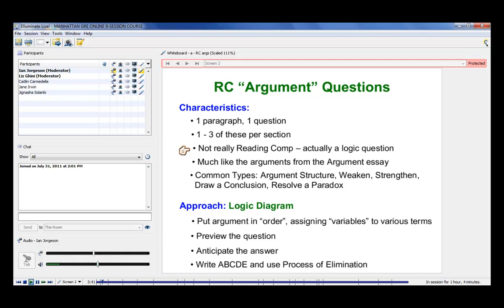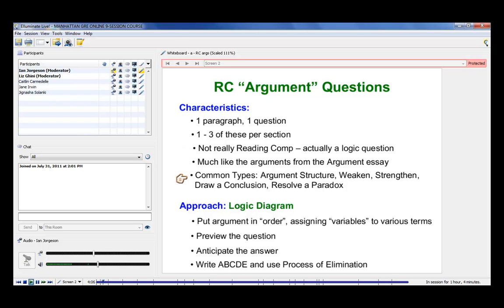And the important point to make is that this is not really reading comp anymore. Even though you're reading a passage to gain the information you need to answer the question, what they're really testing you on more is the underlying logic in the passage and less about the details or the facts. So that's something that we need to keep in mind.